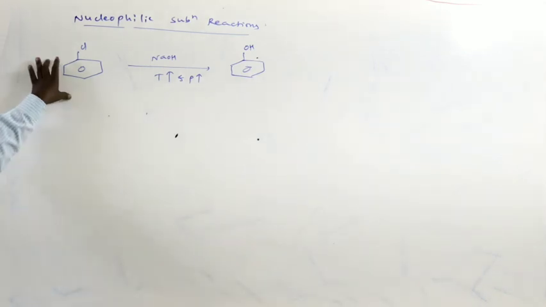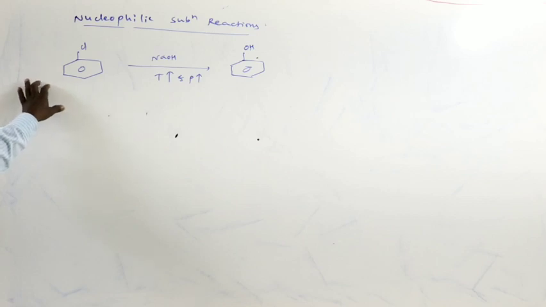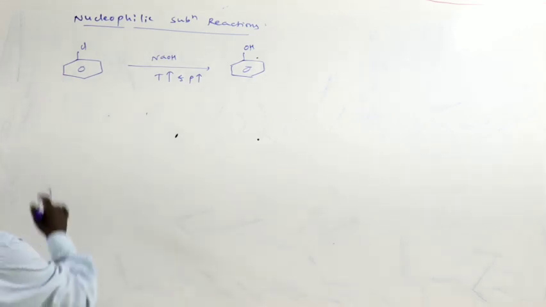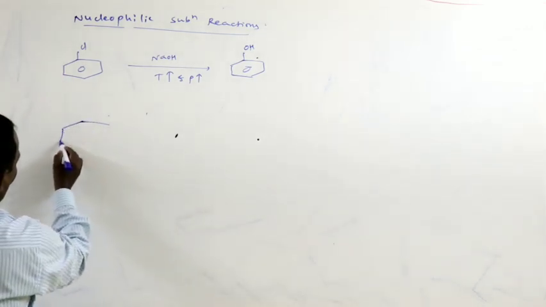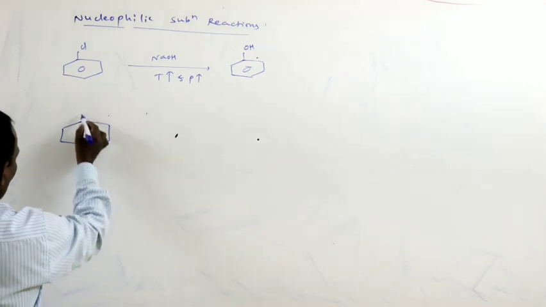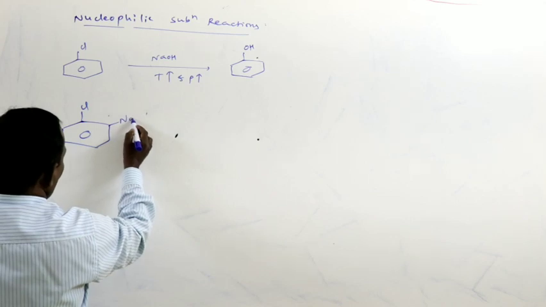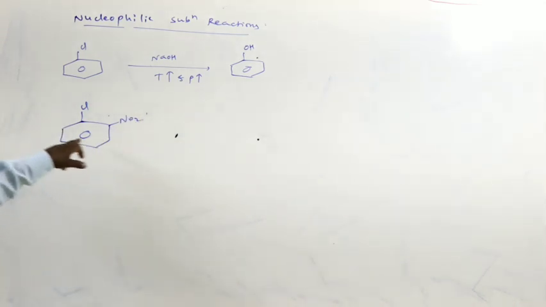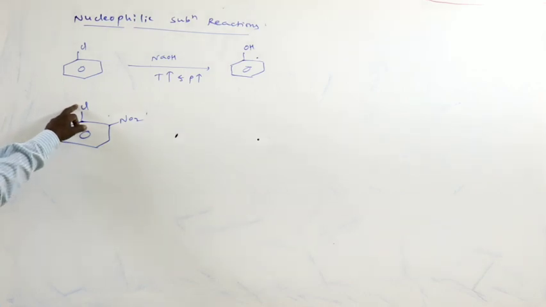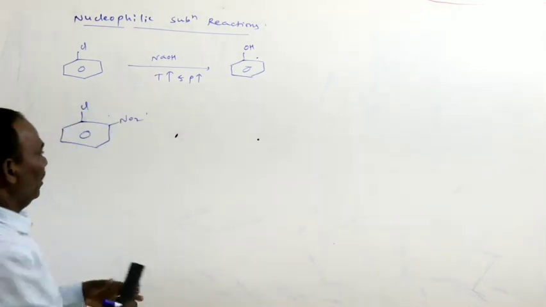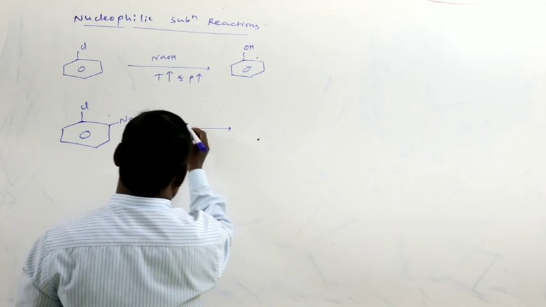But in this chlorobenzene, electron withdrawing NO2 groups are introduced. For example, here the NO2 group is an electron withdrawing group, the nitro group. So now this NO2 group is introduced on the benzene, the aromatic system. The Cl minus nucleophile is easily replaced by the OH minus nucleophile.